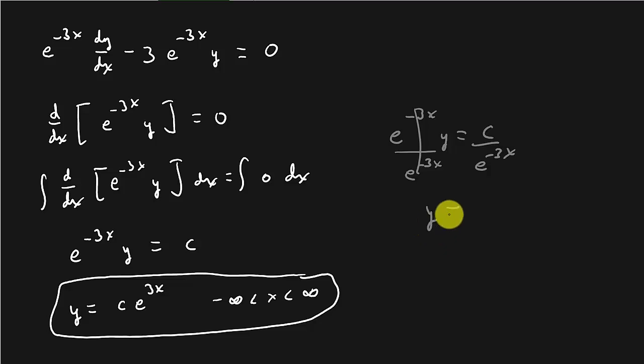I get y equals, and then I'm going to move this up, and that just changes the sign of the exponent when you move it up, and that's where that comes from. It's not difficult to solve these things. They're really pretty easy. The most difficult part is probably going to be some of the integrals that you have to do over here on this side. But this one was easy.